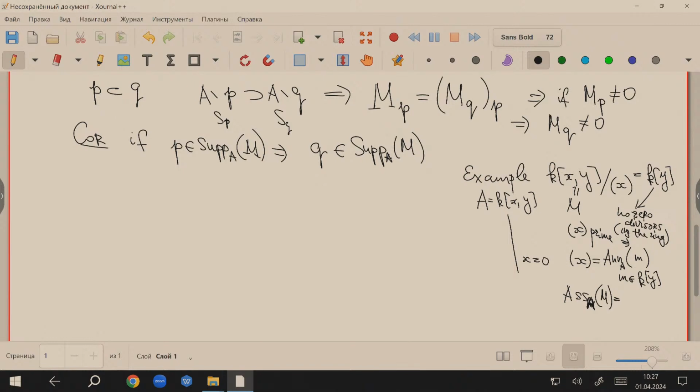Notice also that any element of k[y] is annihilated by some element.